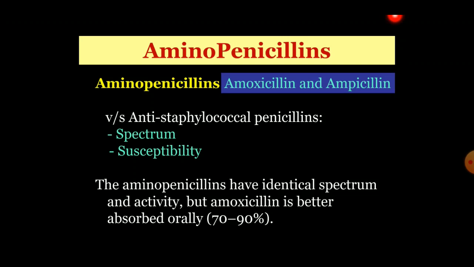The aminopenicillins have identical spectrum and activity, but if you compare these two, then amoxicillin is probably absorbed better in the oral form, and amoxicillin has certain advantages over ampicillin. We will discuss it again in the later slides.